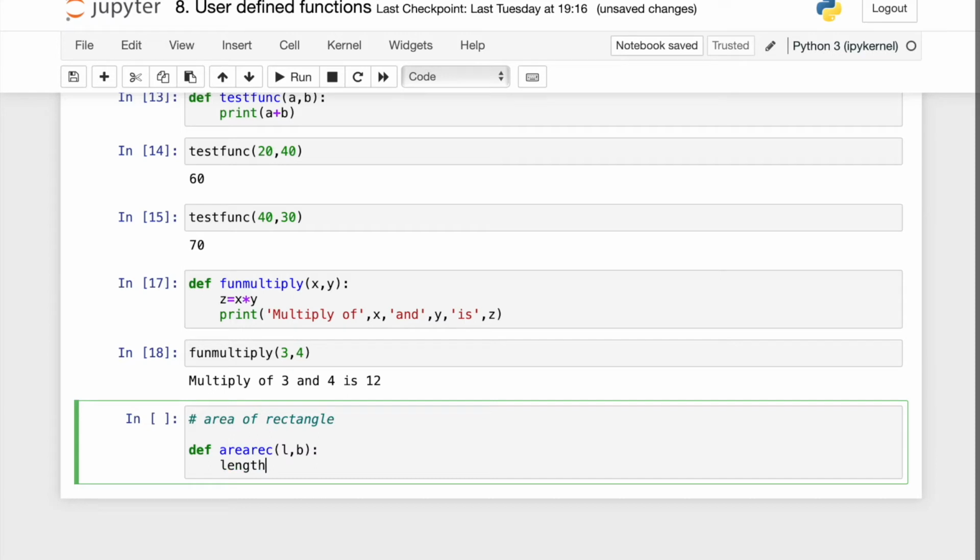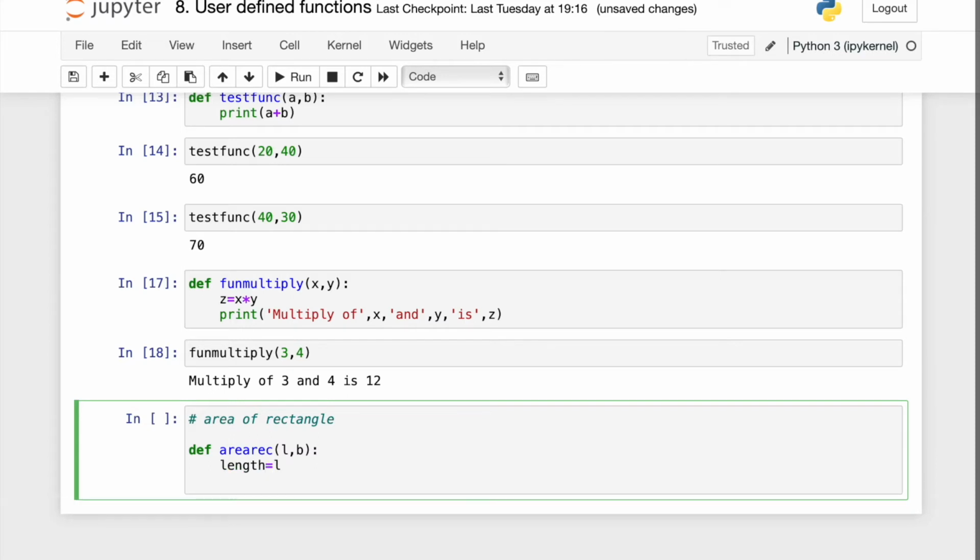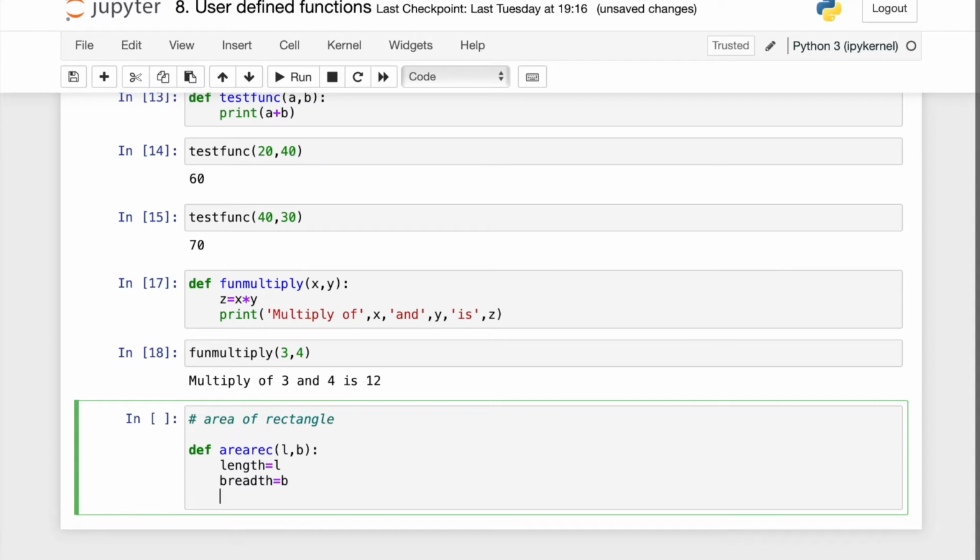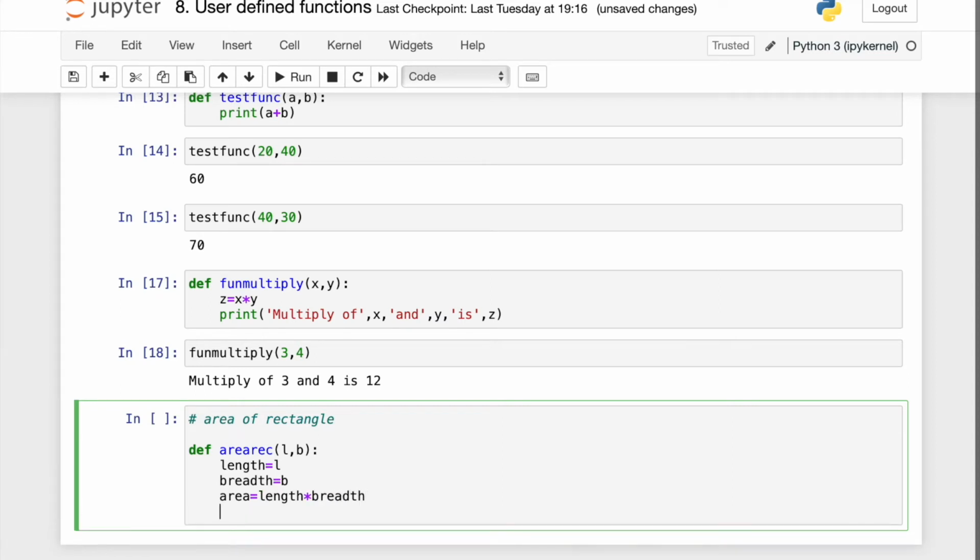Length is L, breadth is B, and area is length into breadth. Print the area.